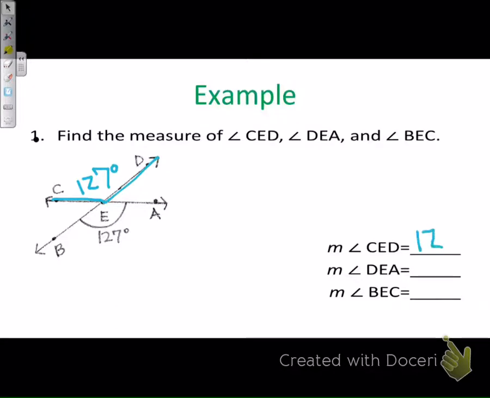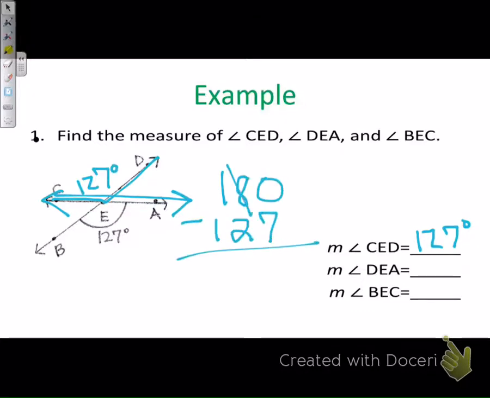That equals 127 degrees. Now, we know this is a straight line, so it's going to add up to 180 degrees. That's a linear pair. Angle DEA and angle CED are a linear pair. So we can subtract 127 from 180. That would be 53 degrees. Now, that's also a vertical angle here, so this is also 53 degrees.